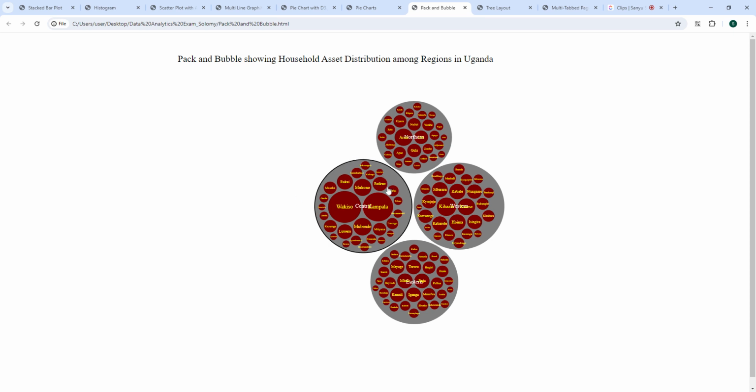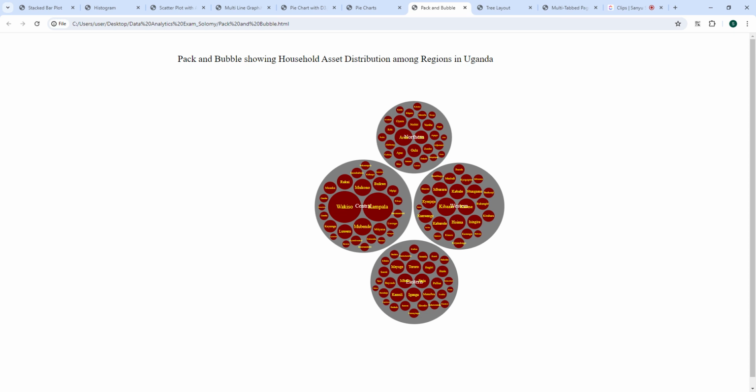inside the root node. The root node is the big circle, and the small circles are the lymph nodes, and these lymph nodes are representing various districts that we have found. So what did I use to come up with the big circles, small circles?